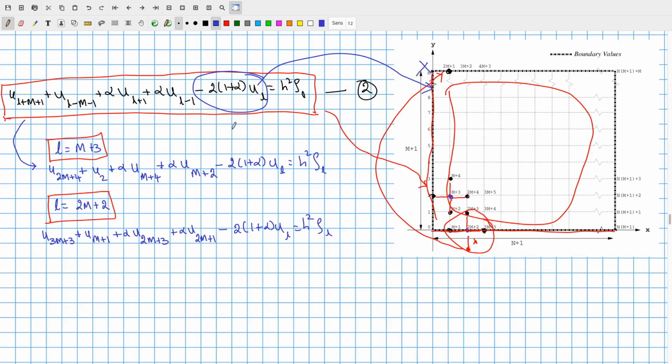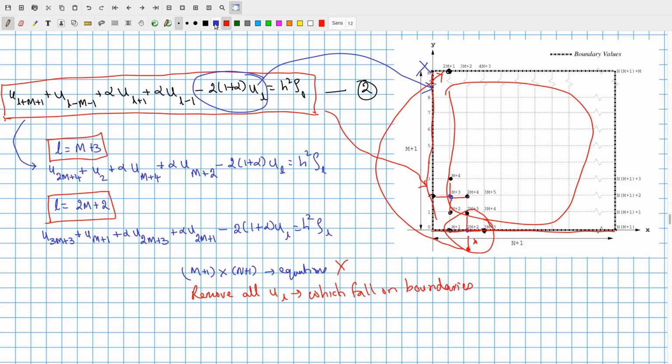If you actually see, for m plus 1 and n plus 1, this equation can provide us m plus 1 into n plus 1 equations. But as we said, this is not completely correct because we have to remove all ULs which fall on the boundaries.